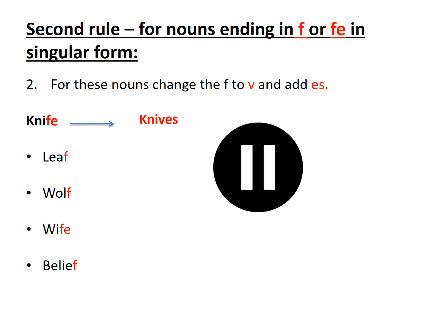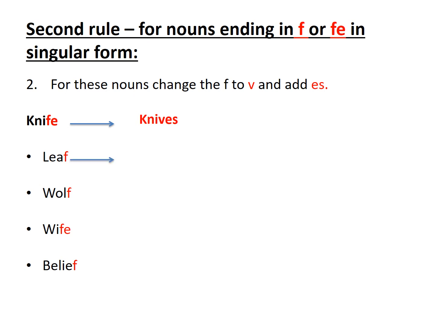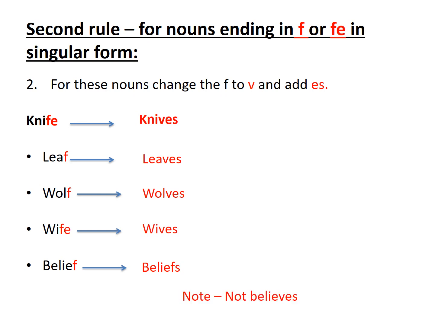Hit pause if you need more thinking time. So, leaf becomes leaves. Wolf becomes wolves. Wife becomes wives. And belief becomes beliefs. Note it's not believes. That is in fact a verb.